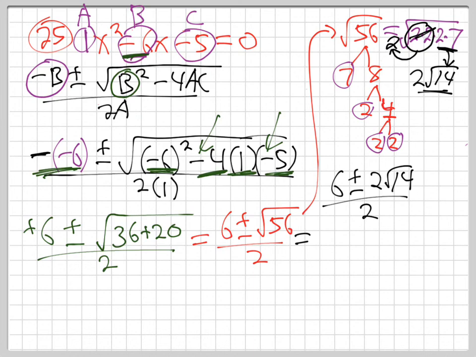Is that making sense? And now, can we simplify that any further? We're shopping at Costco. We got glue there, but it's fine as long as we do the whole package. That's a 3. That's a 1. So we get 3 plus or minus 1 root 14. And that 1 is not doing anything, so we skip it. There we go. Those are 2 answers: 3 plus root 14, 3 minus root 14. Math will let you type it in just like that, though. Does that make sense on that?